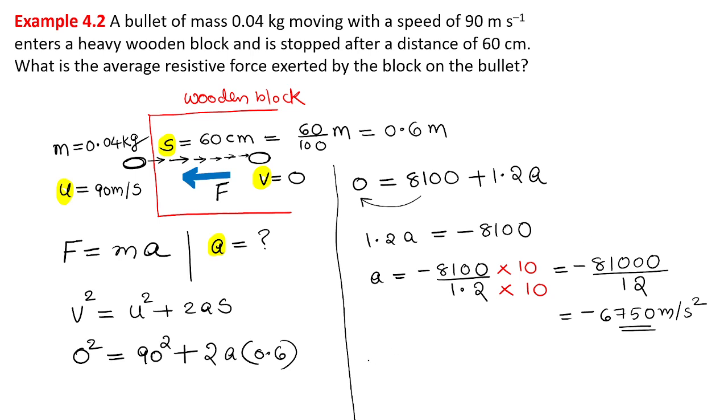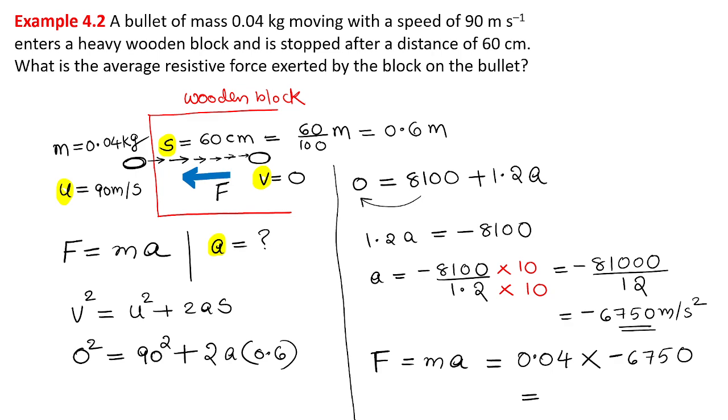Now force, I want force. The frictional force exerted by the wooden block. F equal to m into a, mass into acceleration. Mass of the bullet is 0.04. Acceleration is minus 6750.